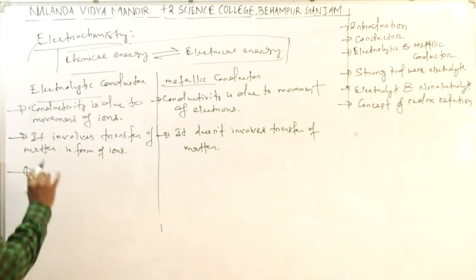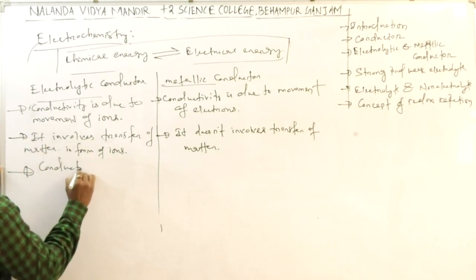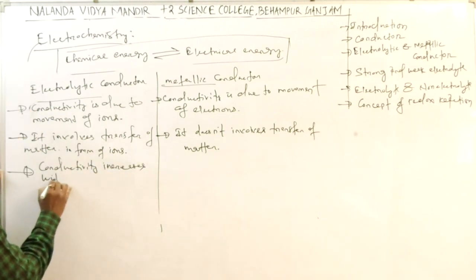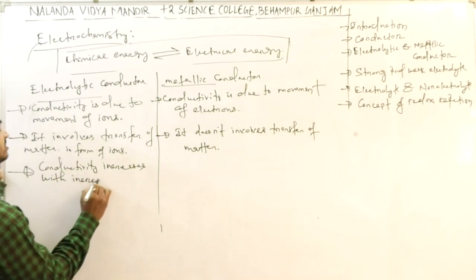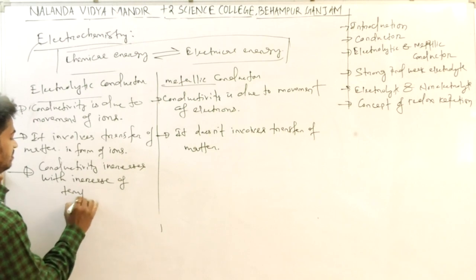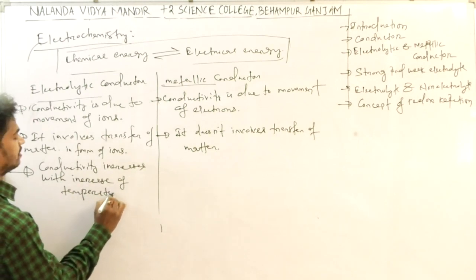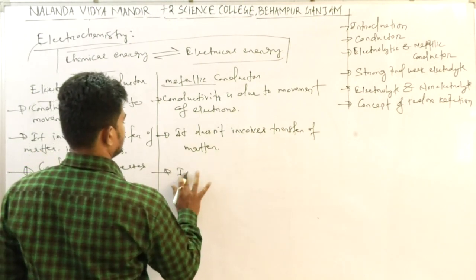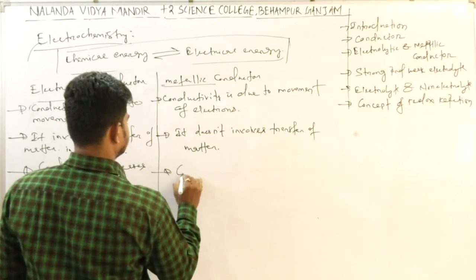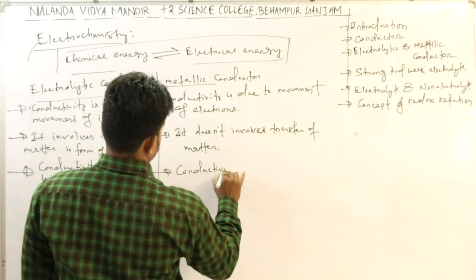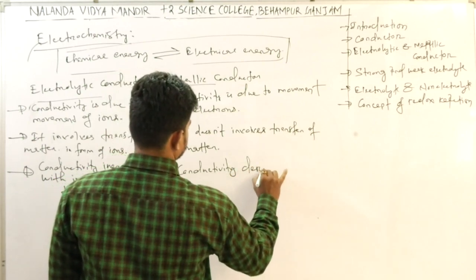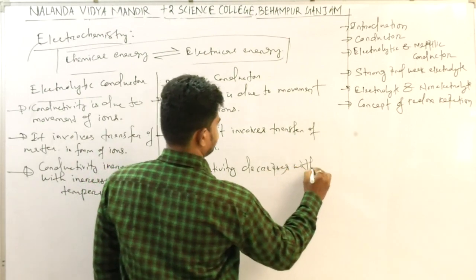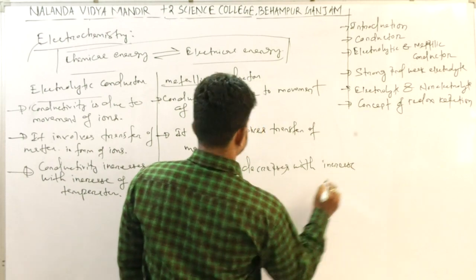In an electrolyte, conductivity increases with increase of temperature. In a metal, conductivity decreases with increase of temperature.